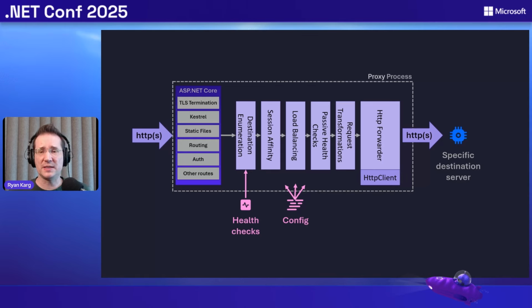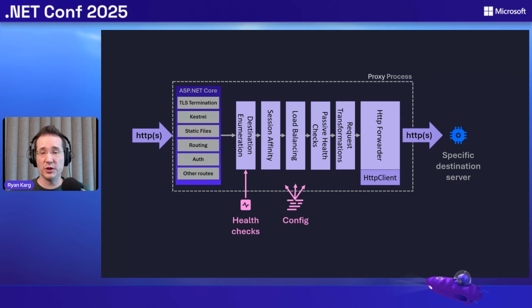And then Yarp itself integrates in as an endpoint routing registration, and it has its own pipeline, which we see coming off to the right here, with various components that implement the standard behavior of reverse proxies. But each of these is designed to be able to be removed, replaced with your own implementation, or even to have you add and extend your own entries into this pipeline.